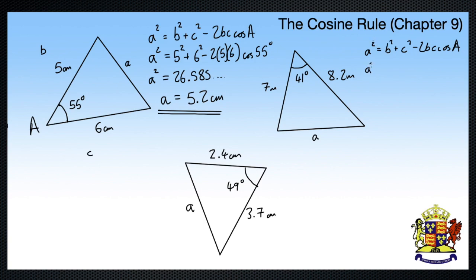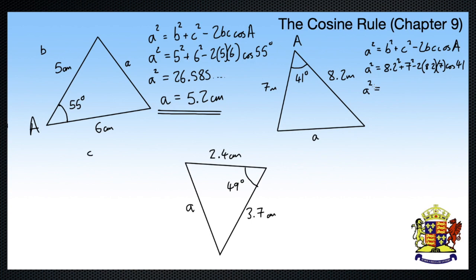Okay, again, a squared equals, this is our A angle, B and C are the two either side, they're the ones trapping the angle. So we do 8.2 squared plus 7 squared minus 2 times 8.2 times 7 cos of 41. Sorry, that's got so small.